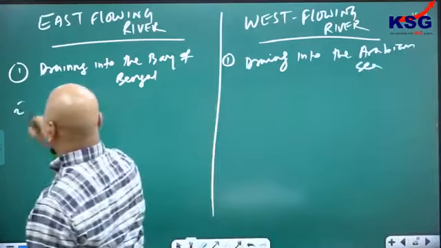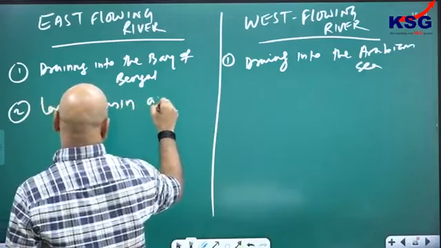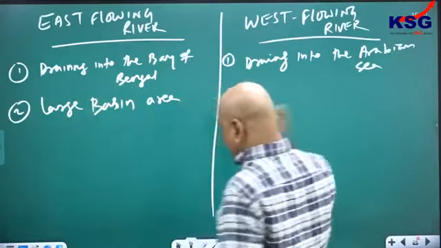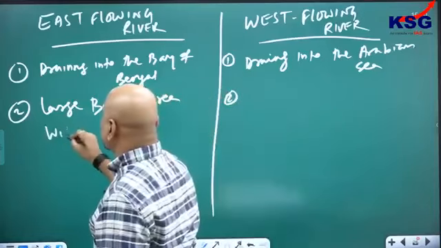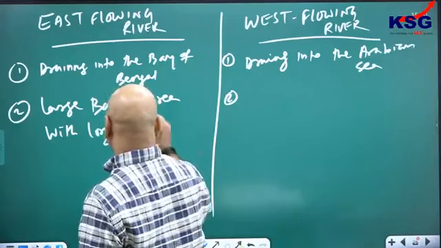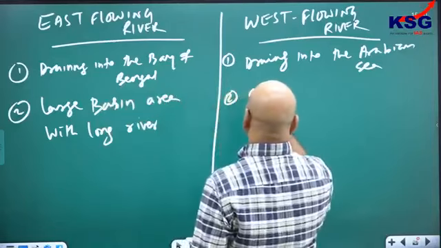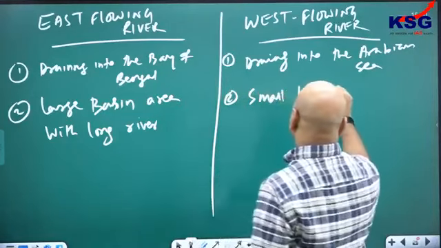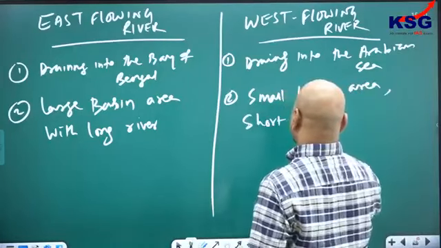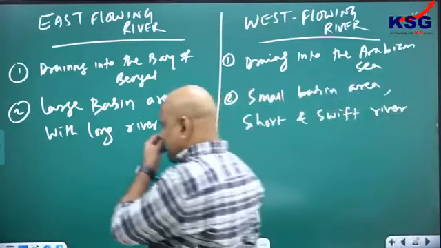Second point, east flowing rivers are having large basin area, large basin area, and here you have small basin area, short and swift river, meaning hydraulic potential is more in the west flowing.